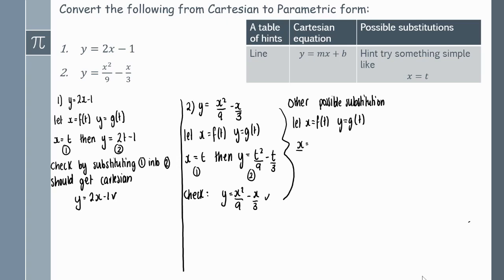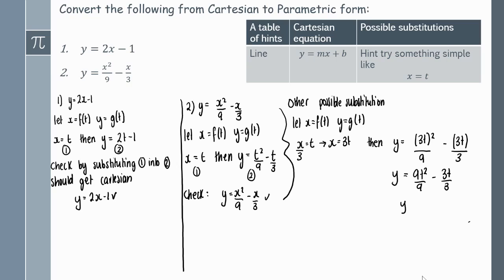So I could potentially let x over 3 equal t. I always need to write my parametric equation in terms of x, so I'll get x equals 3t just by multiplying by 3. Then for my y equation, well, wherever I see an x in my Cartesian, I'm just going to put 3t. So I'll get y equals 3t all squared on 9 minus 3t on 3.